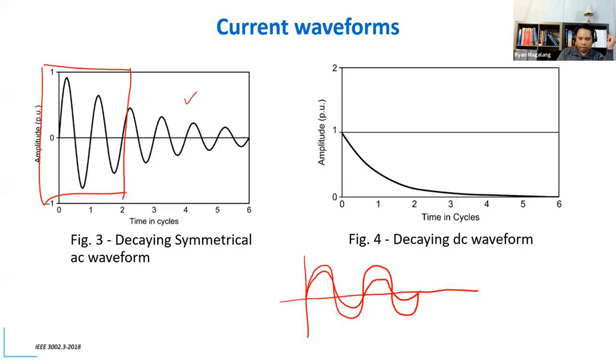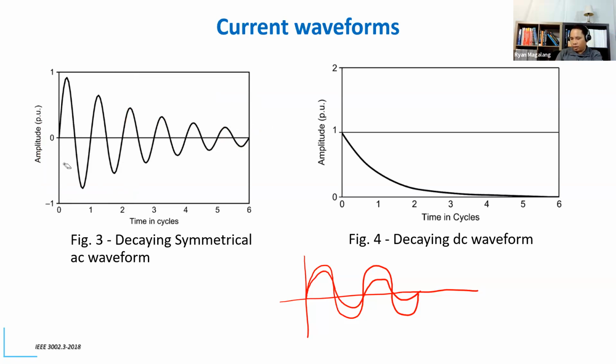That's why you have this symmetrical waveform that is higher in peaks. Then as you go to the right, your motor contribution has decayed, and now you're left with your utility contribution. So that's why we have this decaying AC representation.